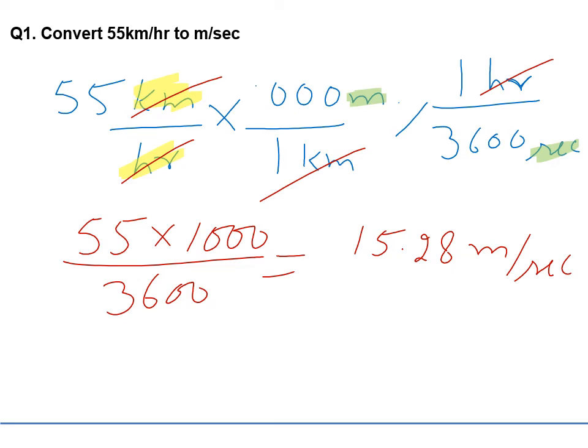Okay, so your 55 kilometer per hour equals 15.28 meters per second. Make sure this is the easiest method to do the conversion: cancel out your units and you are left with your desired units.